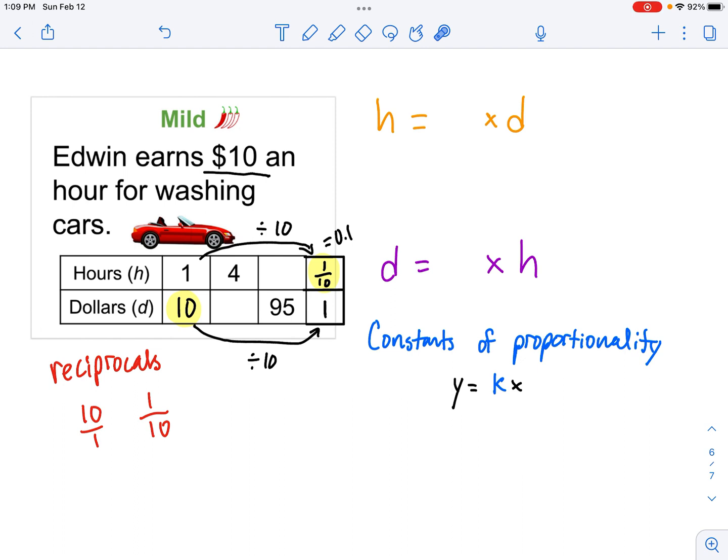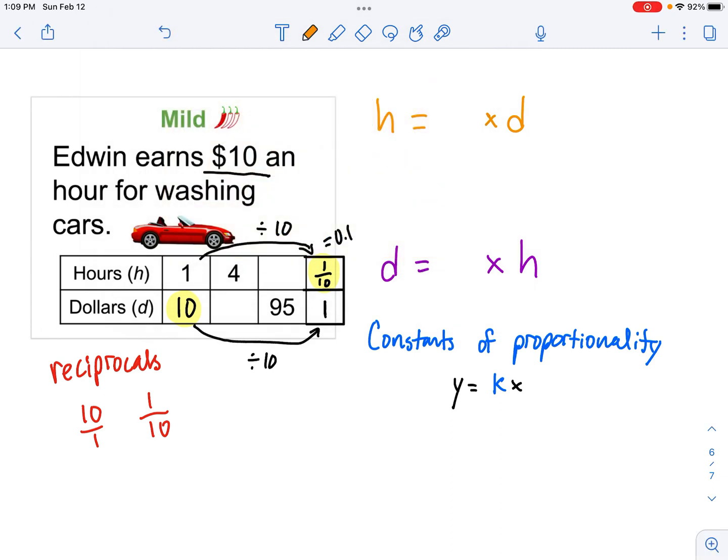So I have to think carefully about what these equations mean. Let's look at the orange equation. In the orange equation, I'm trying to calculate the hours based on how much money I've made. So let's plug in an example from the table.